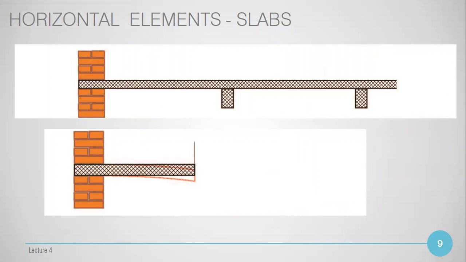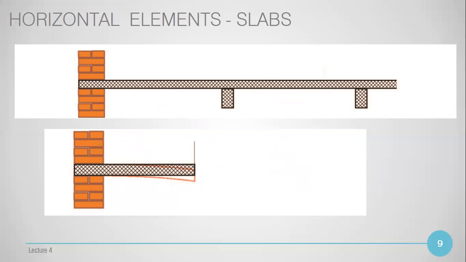Slabs. In residential buildings, we use reinforced concrete slabs. They are continuous and transmit the loads into the beams or, like you see in the picture, into the walls, so masonry walls.